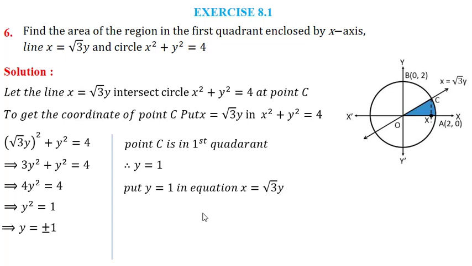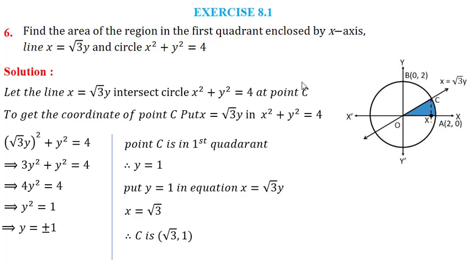When we put y equal to plus 1 in the equation x equal to root 3 y, we will get x equal to root 3. So we have x is equal to root 3 and y is equal to 1. So the required point is C (root 3, 1).